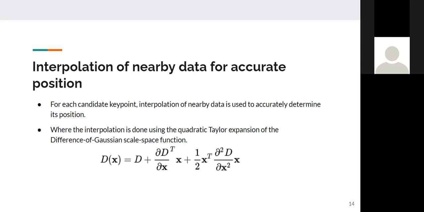The location of the extremum is determined by taking the derivative with respect to x and setting it to 0. If the extremum is greater than 0.5 in any dimension, that means that the extremum lies closer to another key point. Then, if that's the case, the key point is changed and interpolation is performed again about the new key point. Otherwise, the offset is added to its candidate key point to get the interpolated estimate for the location of the extremum. Next slide.